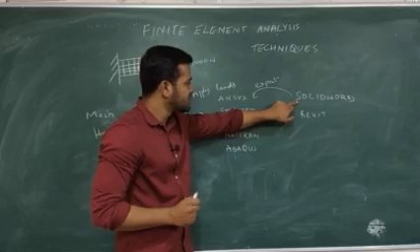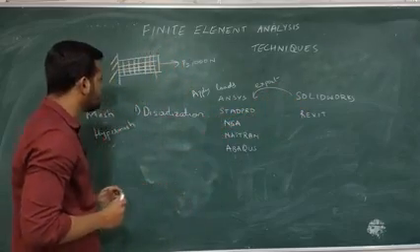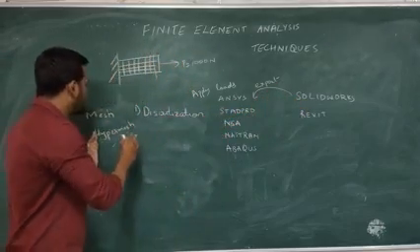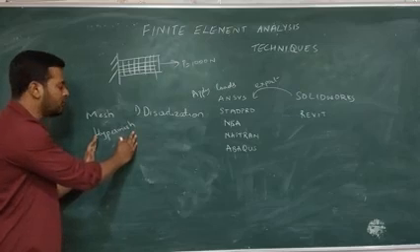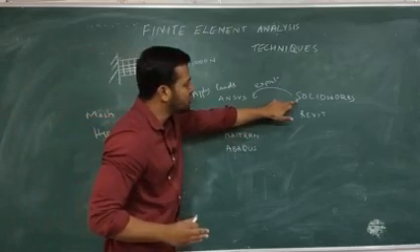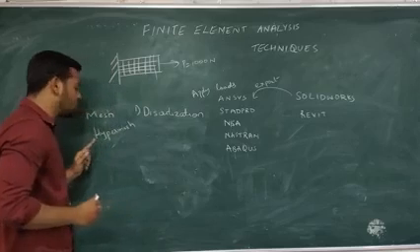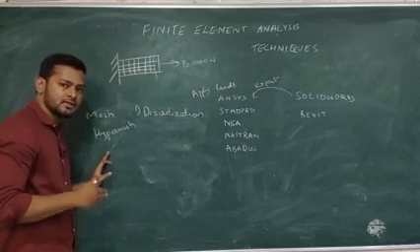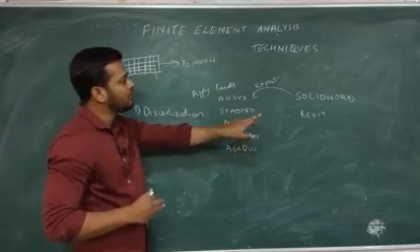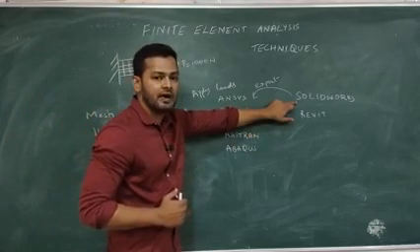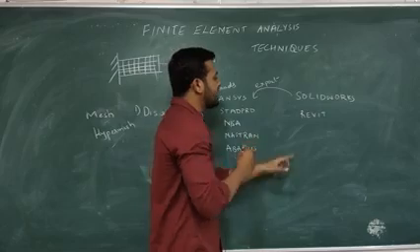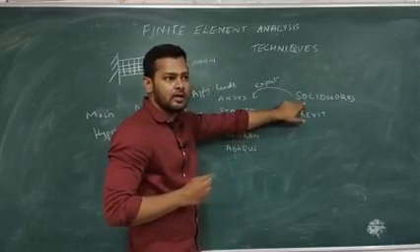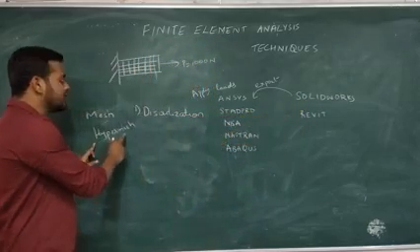Okay, so the first step is you have created a model. The next step is to divide that model into a number of simpler elements. So you can export this model from SolidWorks to HyperMesh. There are many extension formats. You will save this file in such a way that you are able to open it in any other software.